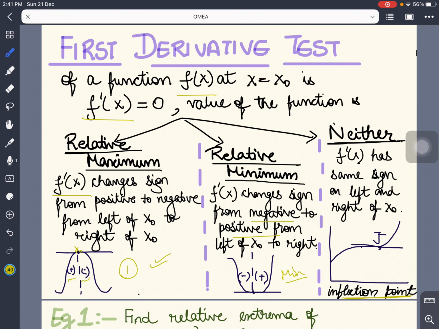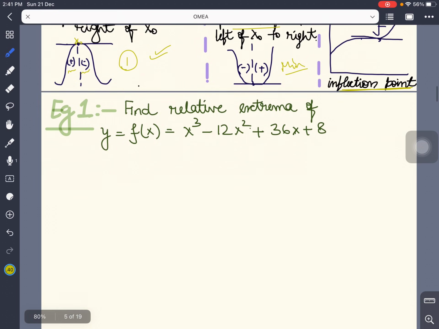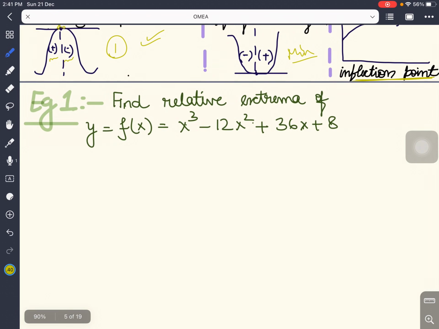To understand it better, let's look at the first example, where we have to find the relative extrema points using the first derivative test. Let's say this is the example: y = f(x) = x cube minus 12x square plus 36x plus 8. How do we do it?